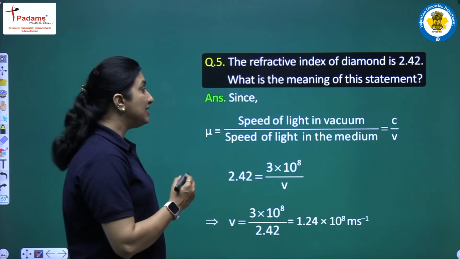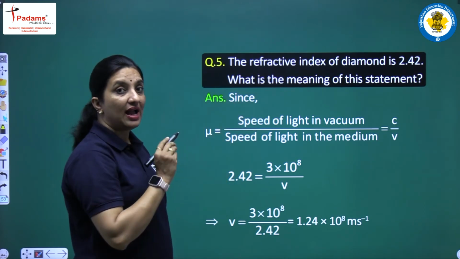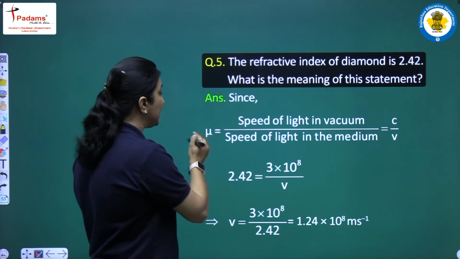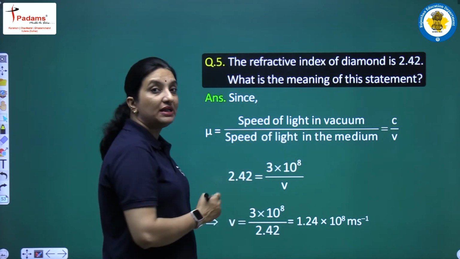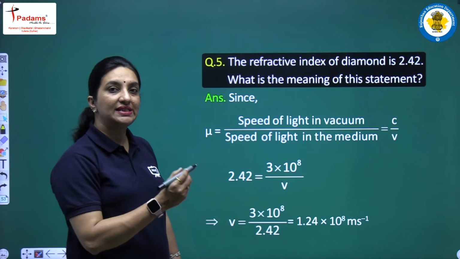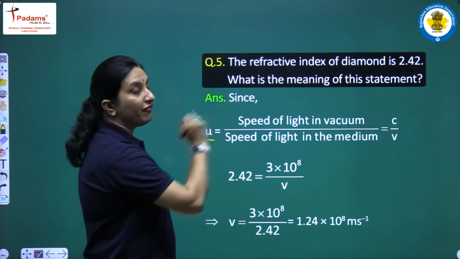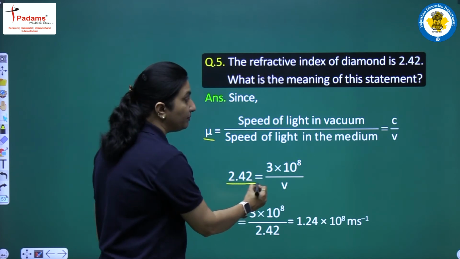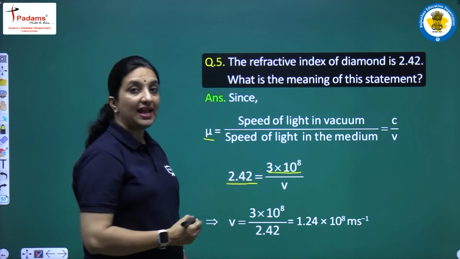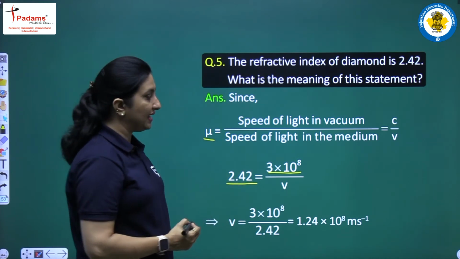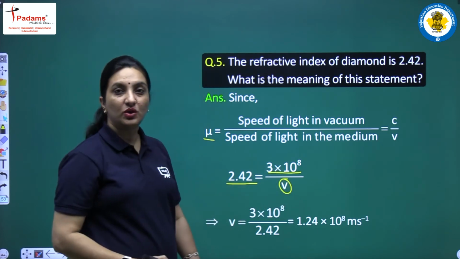Now students, here we are given the refractive index of diamond, and as we know, the formula is that mu is equal to speed of light in vacuum upon speed of light in the medium, which is denoted by C upon V. So mu, which is given for diamond, is 2.42 and the speed of light in vacuum is 3 into 10 to the power 8 meters per second, and speed of light in the medium we need to calculate.